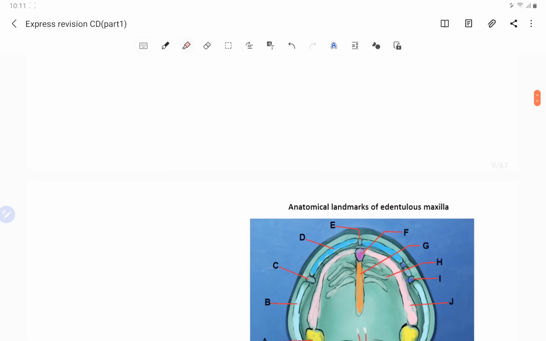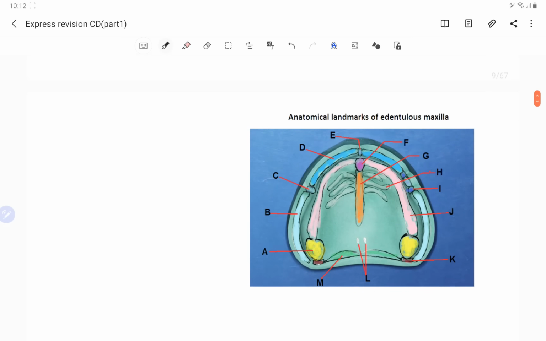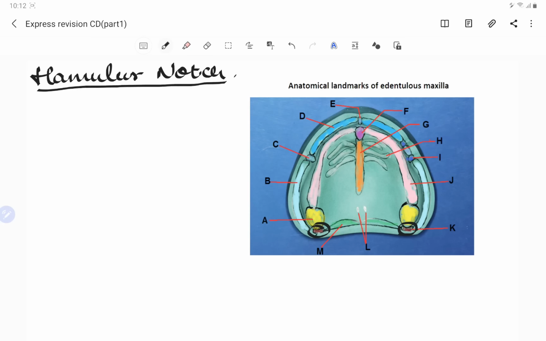Then we are going to talk about the hamular notch. As you can see, the hamular notches are in the K here. They are behind the maxillary tuberosity, and the hamular notches are basically soft tissue depressions.